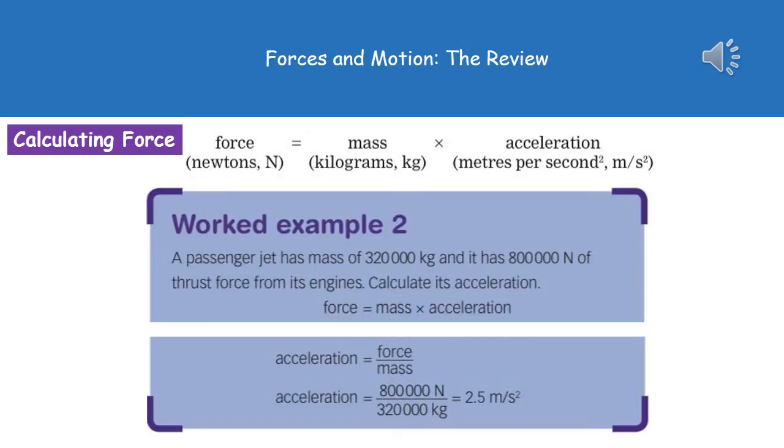We know that force is mass times acceleration, and if we put that into a triangle to rearrange it, the acceleration is going to be the force divided by the mass. So we just put our numbers from the question in. Force is 800,000 and our mass is 320,000. So 800,000 divided by 320,000 gives us the acceleration of 2.5 meters per second squared.